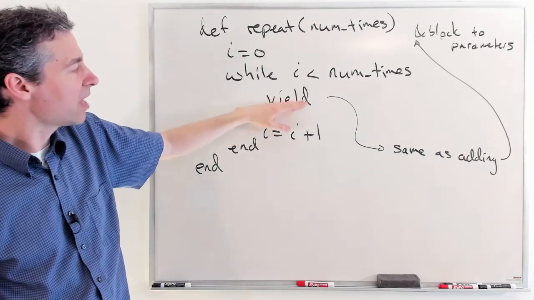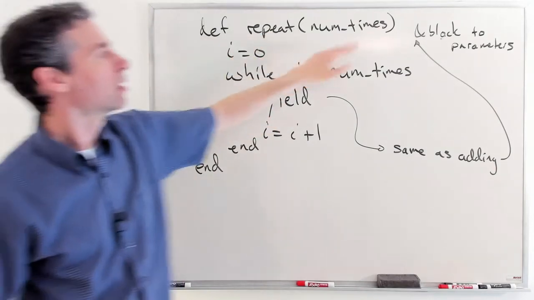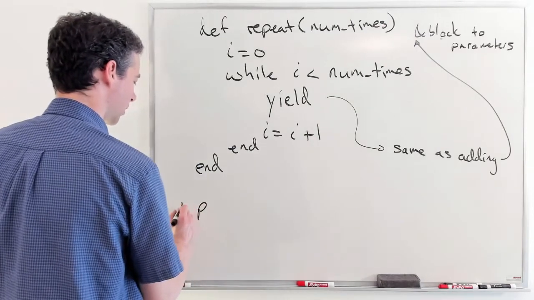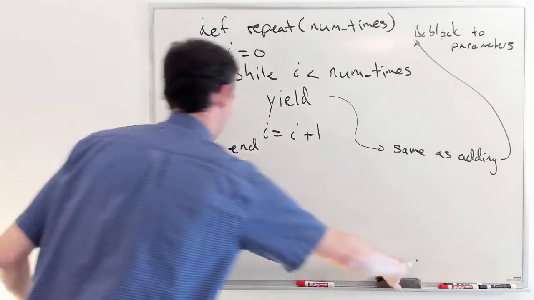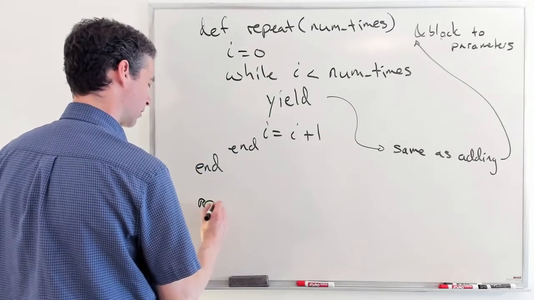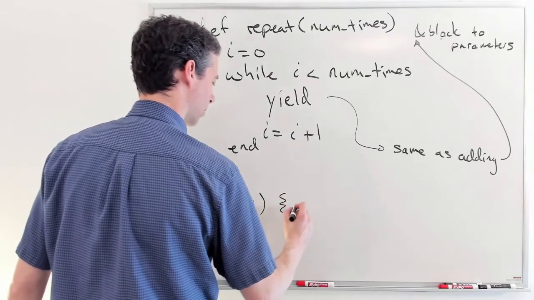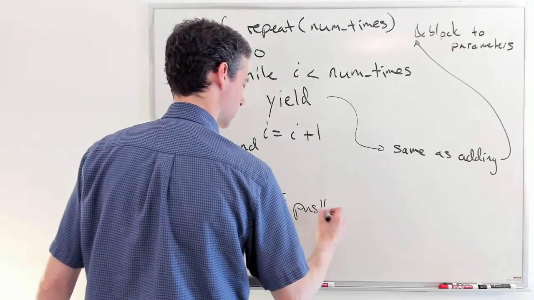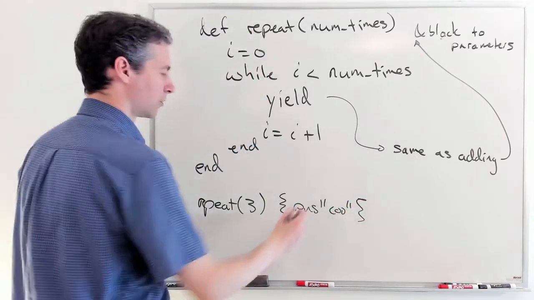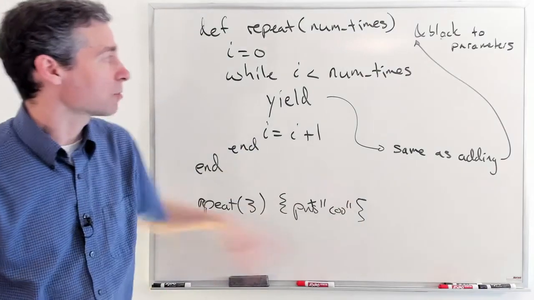And then it's understood that yes, repeat is to be used in a fashion as we did before, where we can do something along the lines of repeat, we pass in something, we do our block, puts, this is cool, all right. So puts. Anyways, so you can use it the same way.